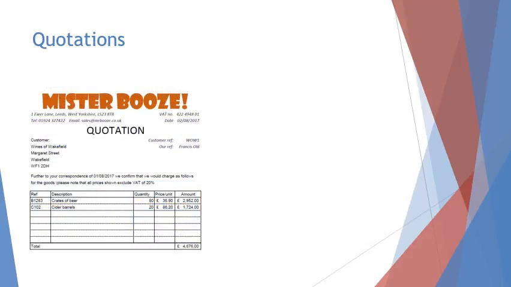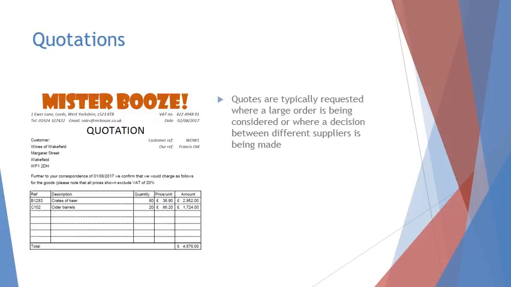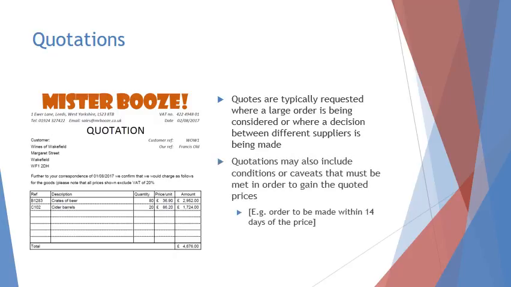So we'll start off with a quotation. Now, a quotation, these are most commonly seen when a large order is being considered, or perhaps where the items being ordered are of a unique nature. So a quotation will include details of the items that are being considered for purchase.